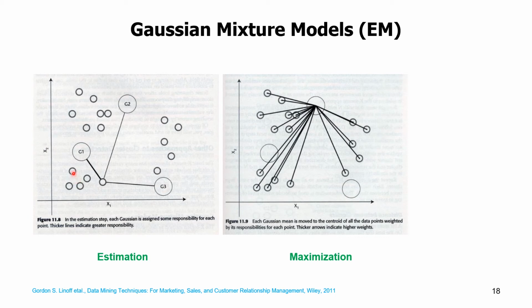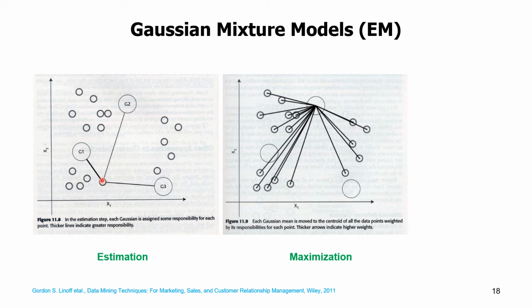And for every data point, you compute the responsibility from this data point to this Gaussian. Again, in EM, we use soft clustering. That means every data point belongs to different clusters with different probabilities. So you compute this probability from data to cluster.